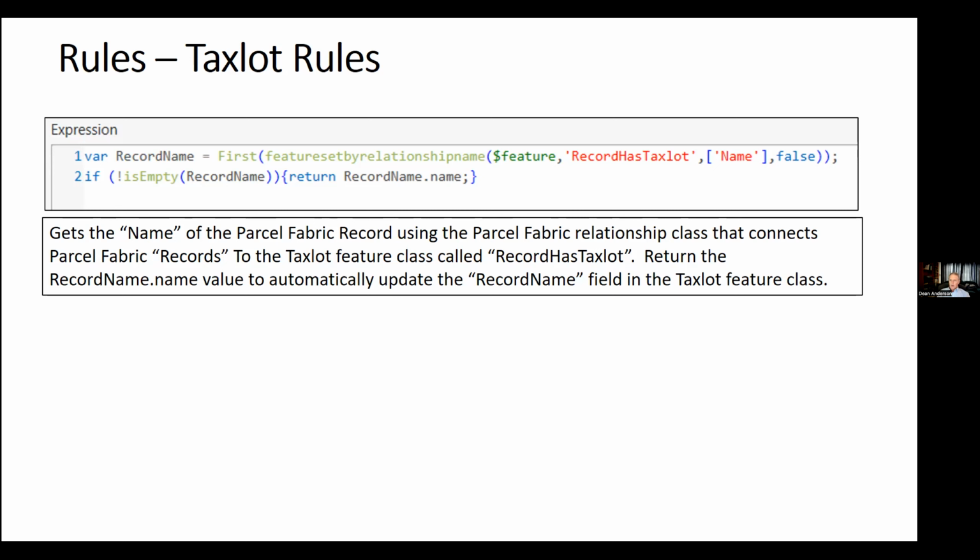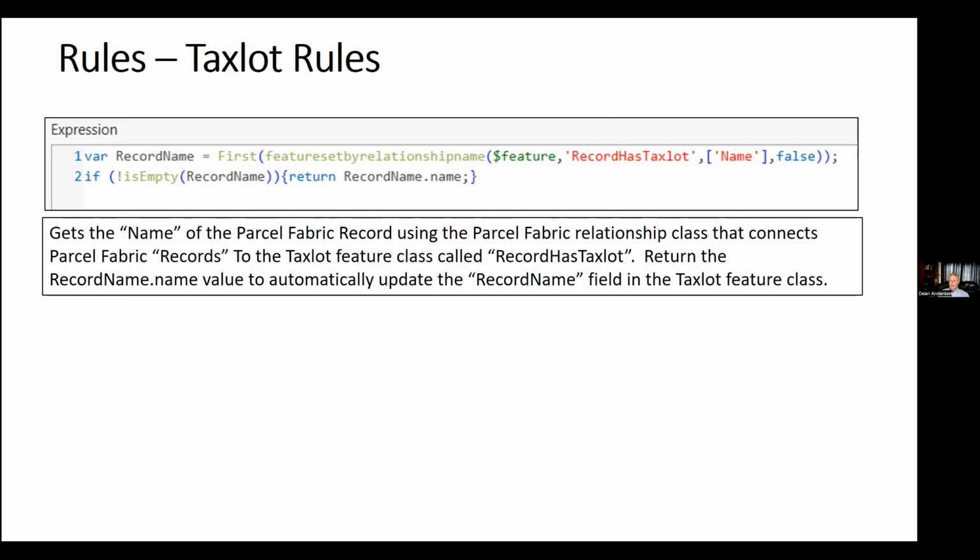What our cartographers asked is that when they click on a tax lot, they see the record name of the record that tax lot is featured with. So rather than selecting the record name, grabbing all the features associated with the record and then seeing the tax lots, now I can just click on a tax lot and right away know its record name.